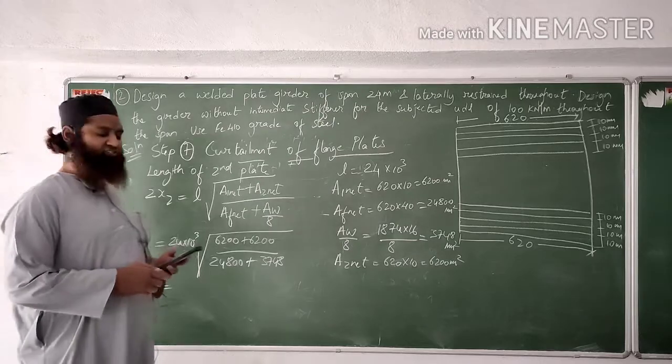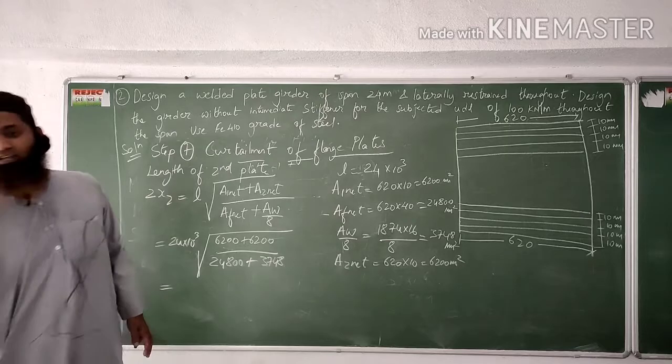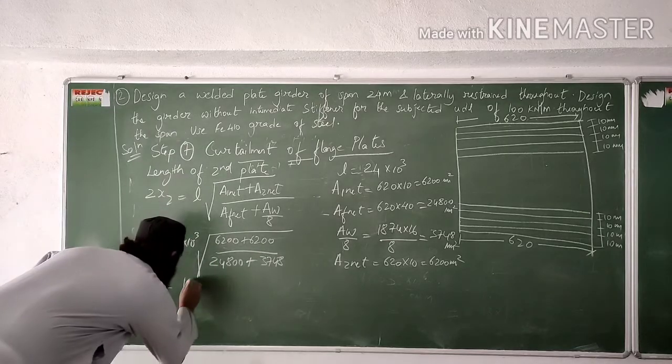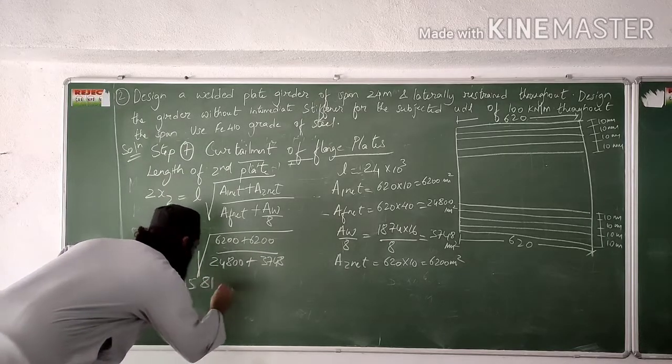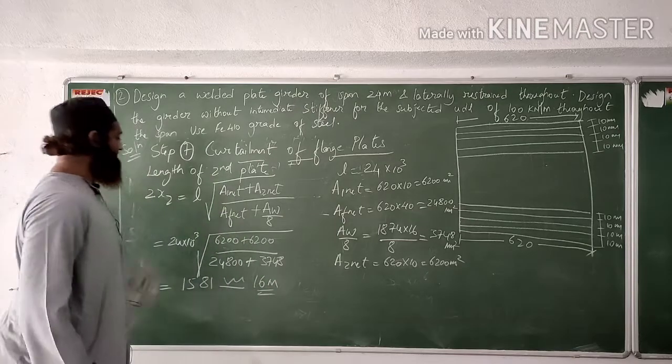I am getting it as 15.81. Can you check it? 15.81, that is approximately 16 meters. So this is the size of the second plate.